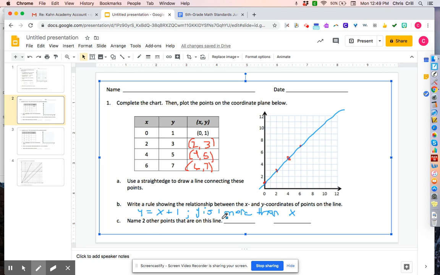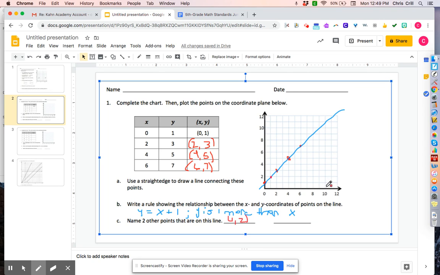So name 2 other points that are on this line. So now we kind of want to make sure our rule works. So if we look here, let's go to a point that's not on our chart. So if I go to 1, 1 plus 1 is 2. That's on the line, so that works. 1, 2.